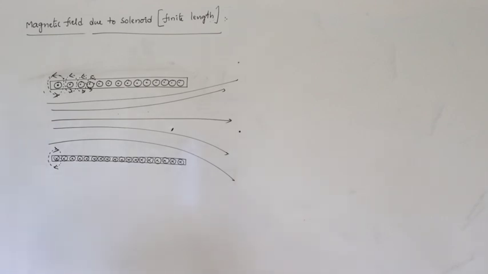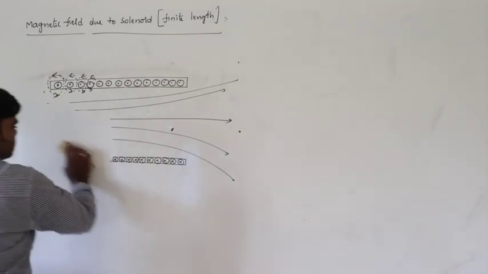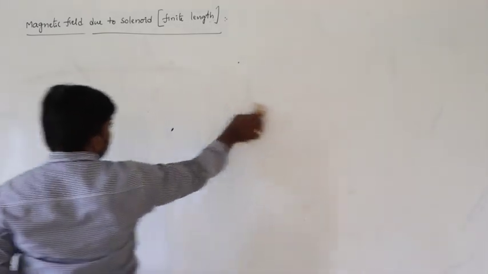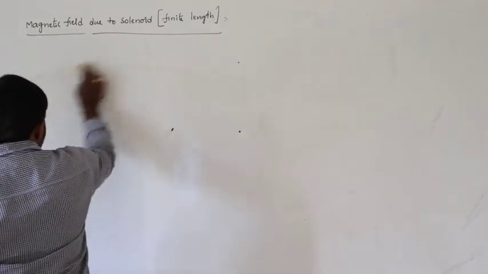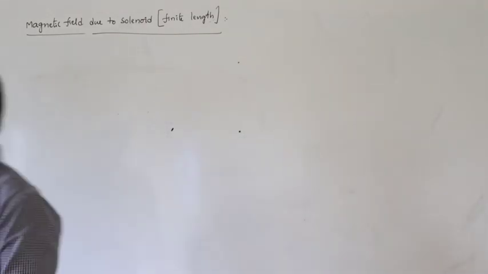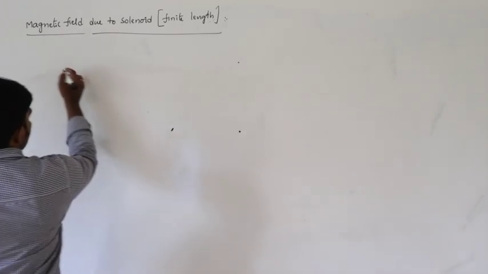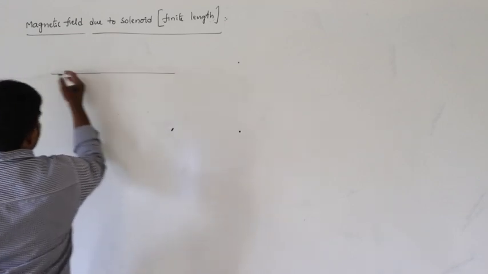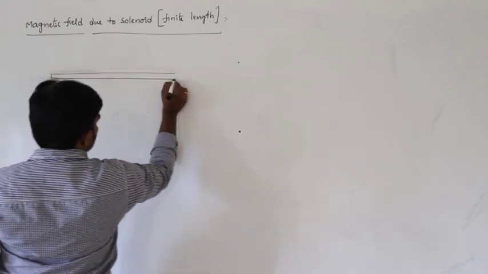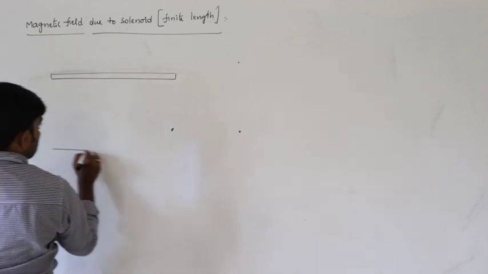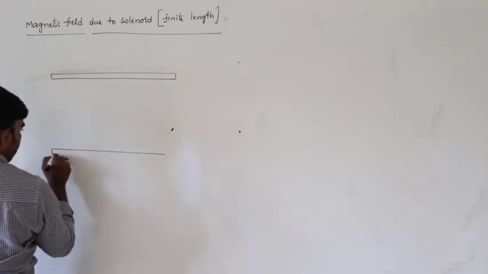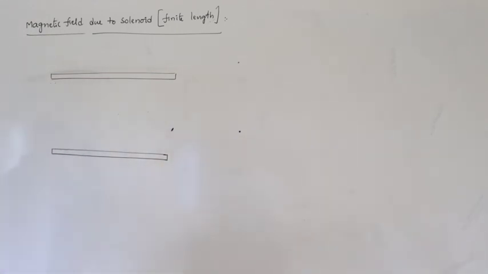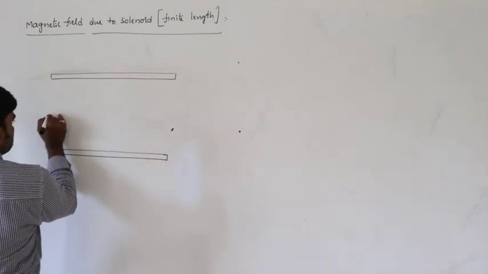Now we can calculate the magnitude of the magnetic field due to the finite length. What is the magnitude of the magnetic field due to finite length? That we have to calculate now. See here, again I am considering the finite length. So like this, let us say this is the center portion.